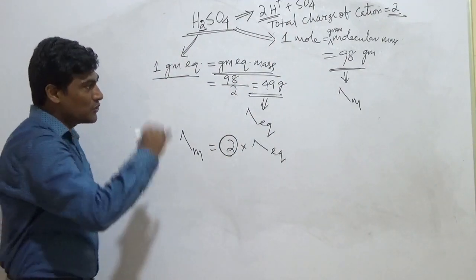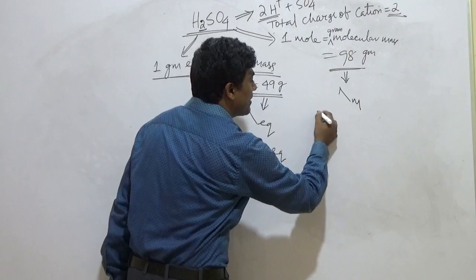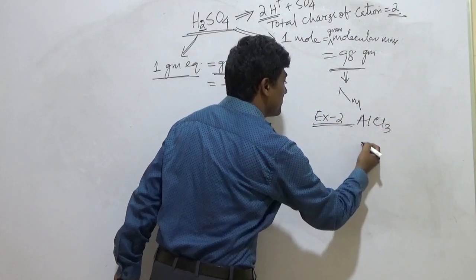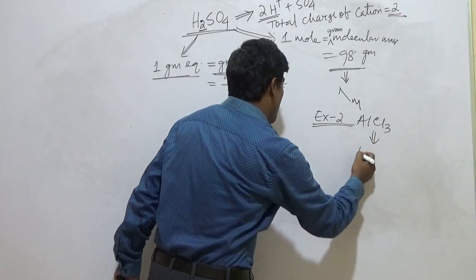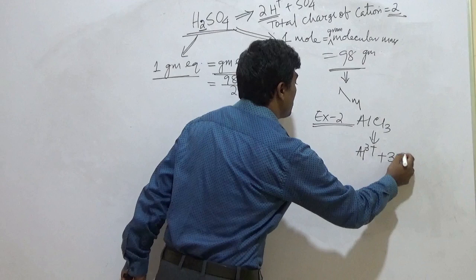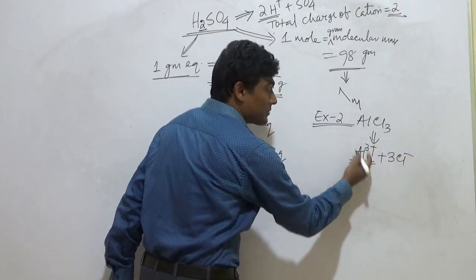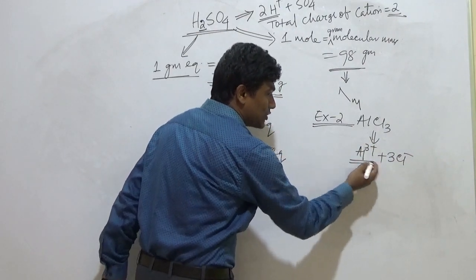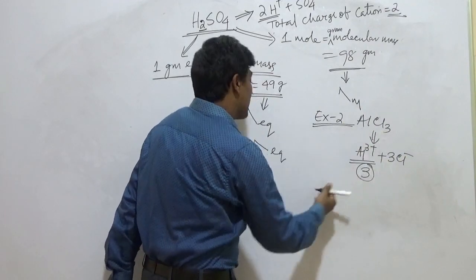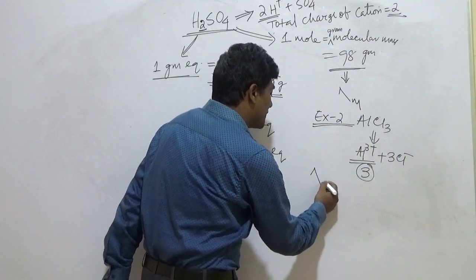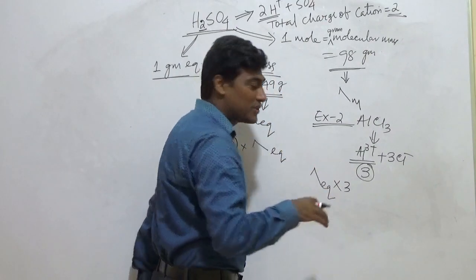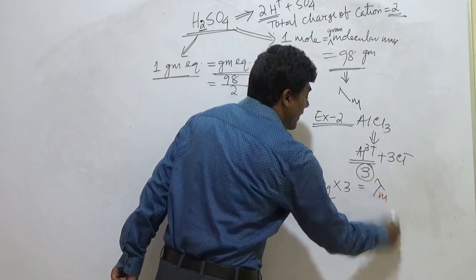For example, take example 2, aluminium chloride. It ionizes as Al3 plus and 3Cl minus. So the total charge of cation is 3. In this case, lambda eq into 3 will be lambda m.